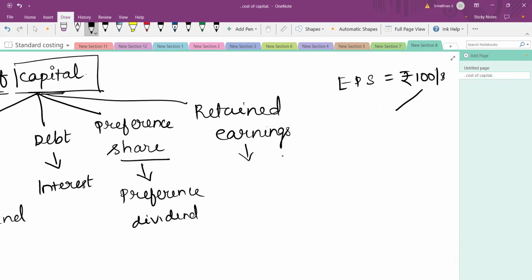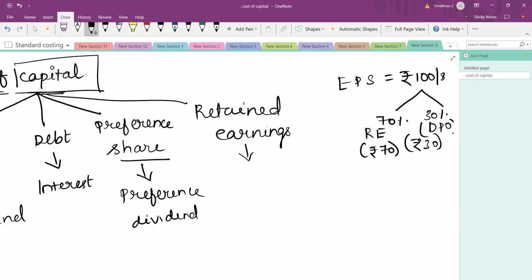And out of this 100 rupees, let's say the company paid out 30% as dividend. So 30% is nothing but dividend payout. So out of 100 rupees, 30 rupees is paid out as dividend, and the remaining 70 percent is retained by the company for future growth.